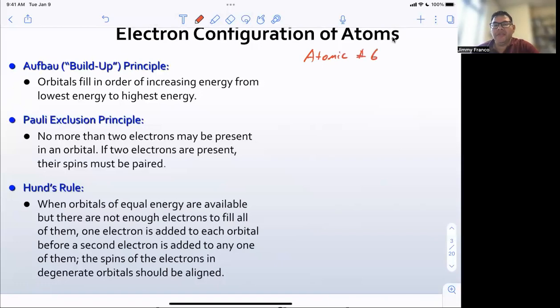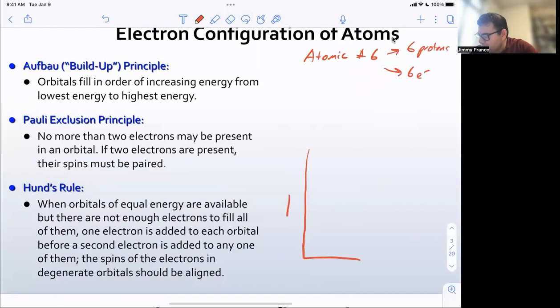If you remember, if the atom's neutral, the atomic number equals the number of protons, so we'd have 6 protons. And if it's neutral, it'll have 6 electrons. So if we think back about what the orbitals look like, this would be our energy.